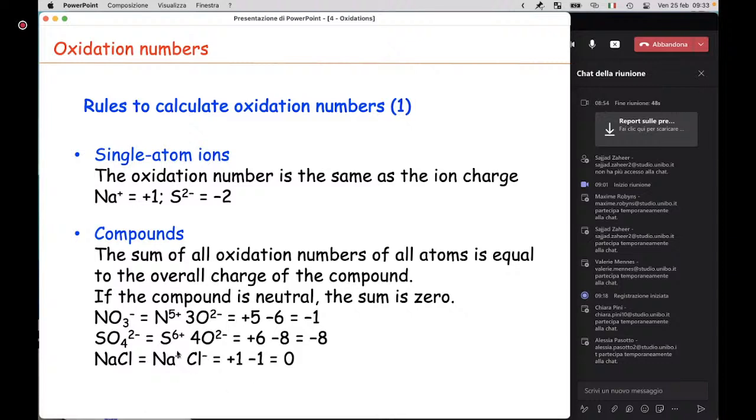In most compounds, except when it is bound to oxygen, chloride, if it is an ion, will be a -1 ion. So Na is +1, the total charge is 0, so chlorine must be -1, so it is the chloride ion, and the total is 0.